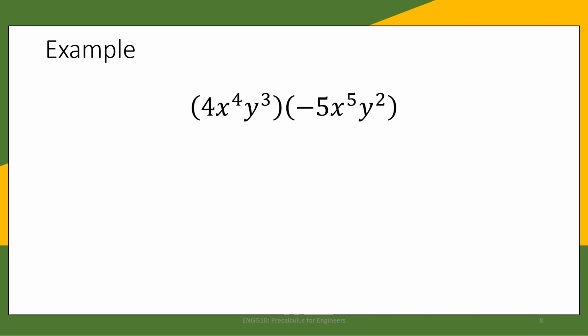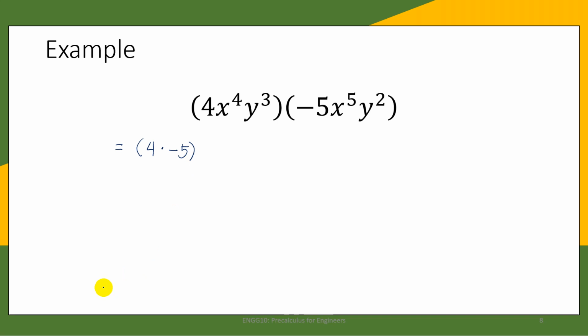First, each of these two expressions has a constant. The first one has 4, the second one has negative 5. To multiply these two expressions, the first thing we need to do is to multiply the two constants together. So we have 4 times negative 5.